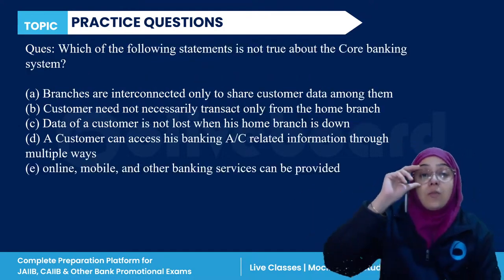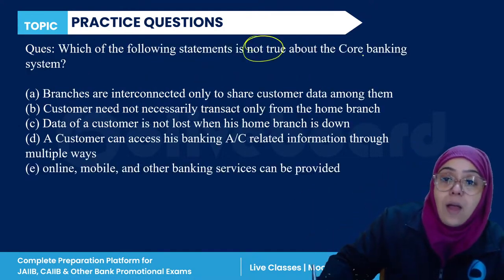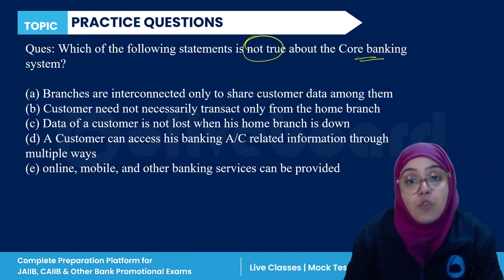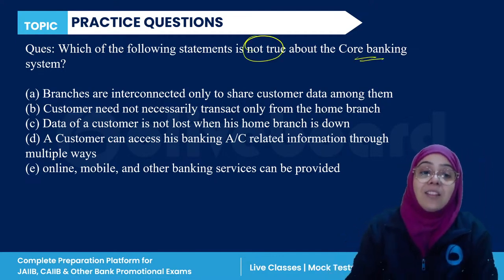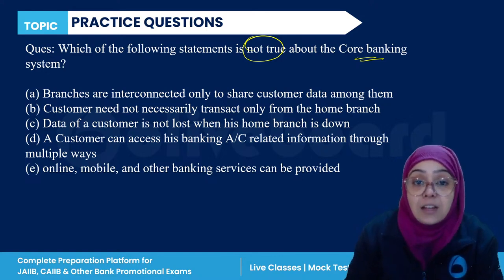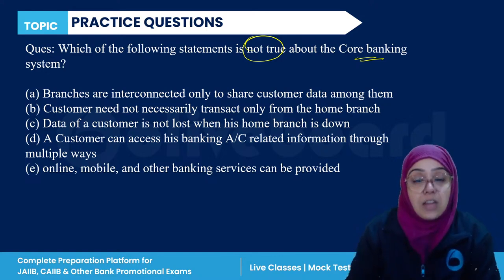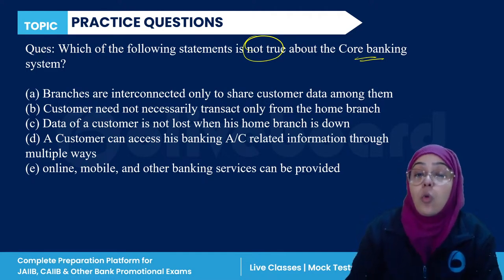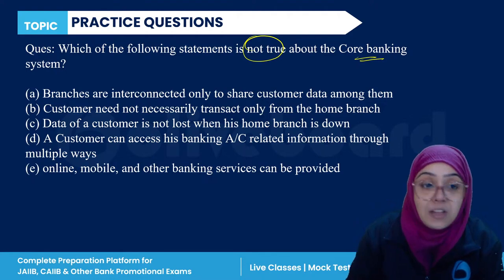True. Which of the following statements is not true about the core banking system? Branches are interconnected only to share data of the customer among them. Customers need not necessarily transact only from the home branch. Data of the customer is not lost when his home branch is down.